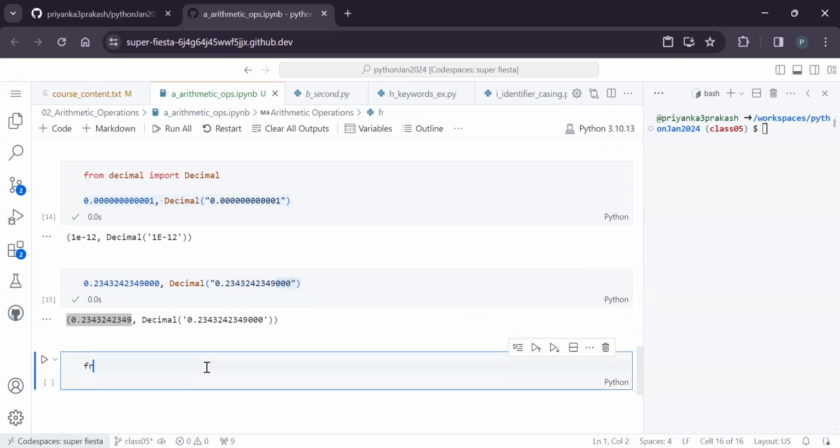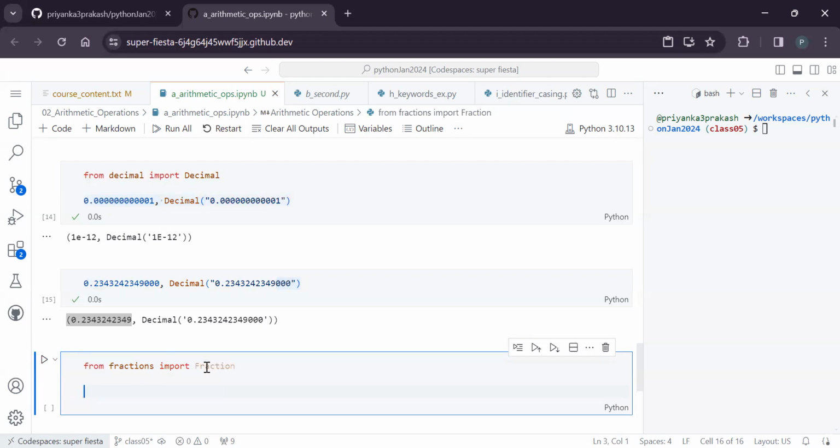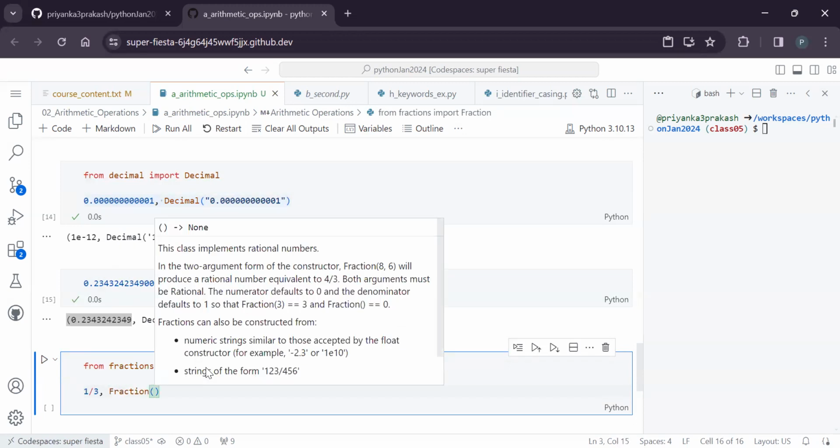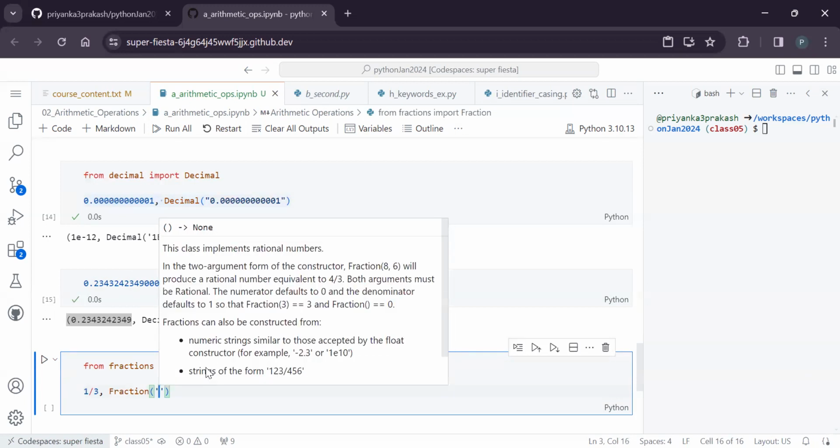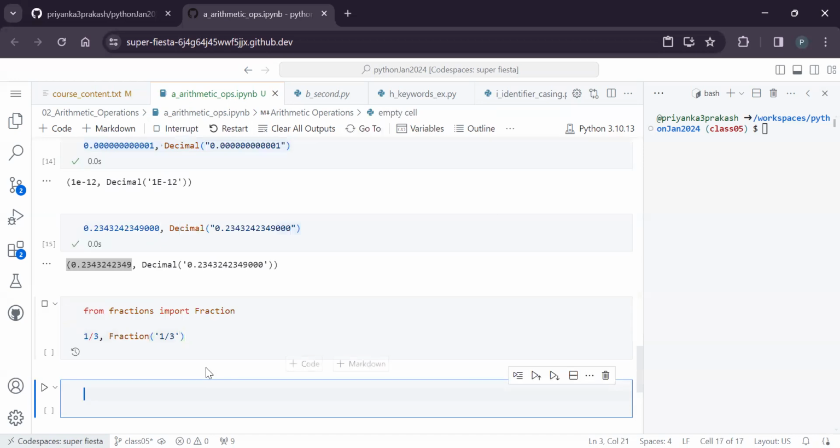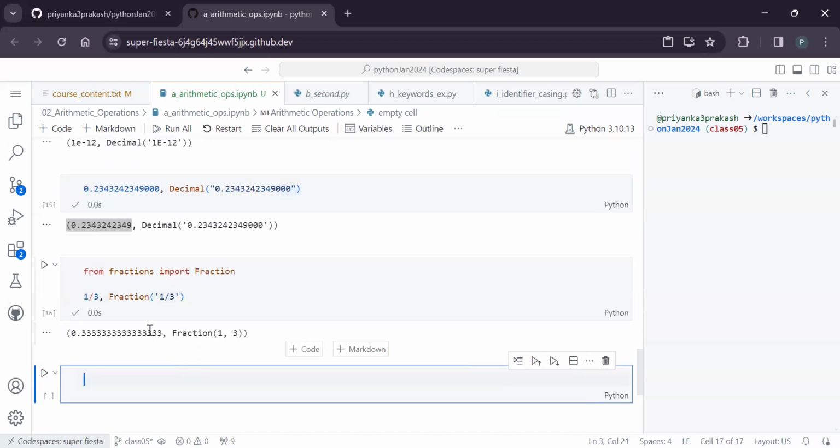Also, similarly, there is one more kind of thing called fractions. Import fractions. If you want to retain fractions, let's say 1 by 3, if I say a fraction of 1 by 3, did you see that?